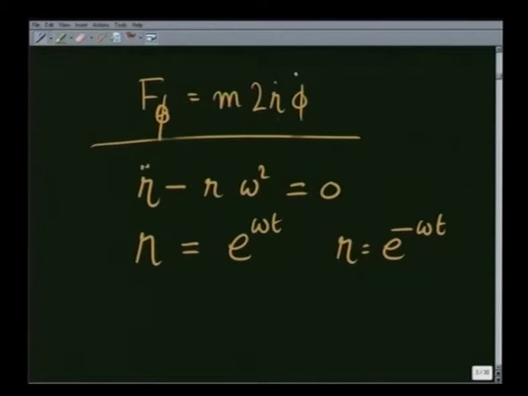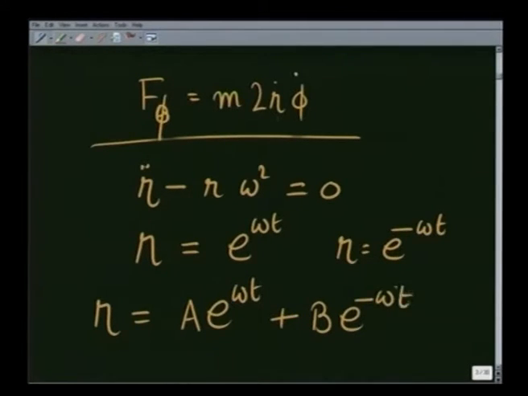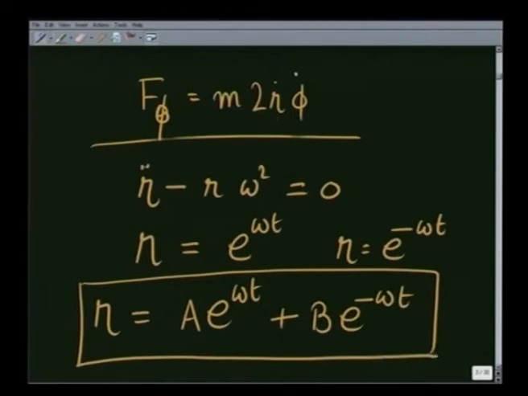And therefore the general solution r is going to be a, where a is a constant, e raised to omega t, plus b, where b is another constant, e raised to minus omega t. This is how r is going to change as a function of time. The constants a and b are fixed by the initial condition.